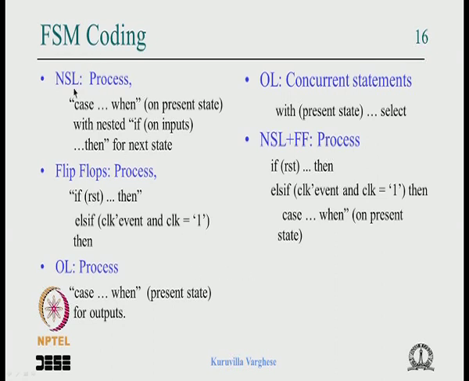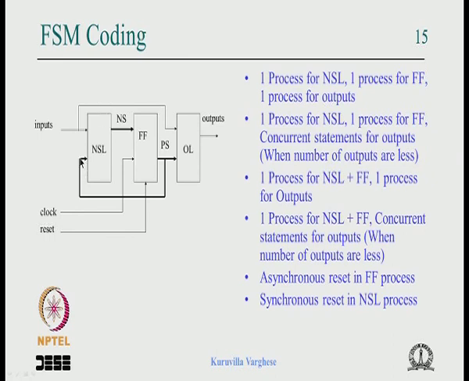Suppose you want to write the next state logic as a process. We know that we have 2 kinds of input. One is the present state, which is multiple bits, and the other is a number of inputs. So we write a process, and within the sensitivity list is the present state and various inputs, maybe I1, I2, like that.